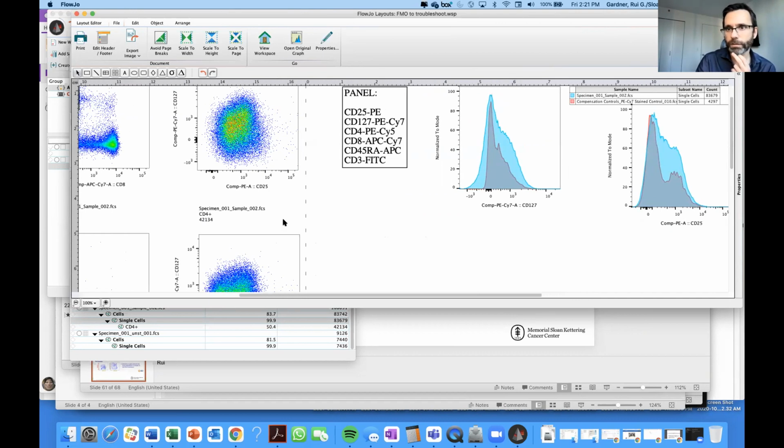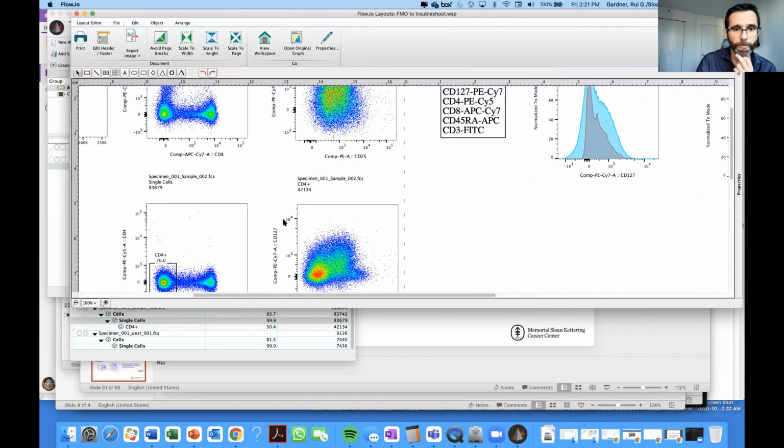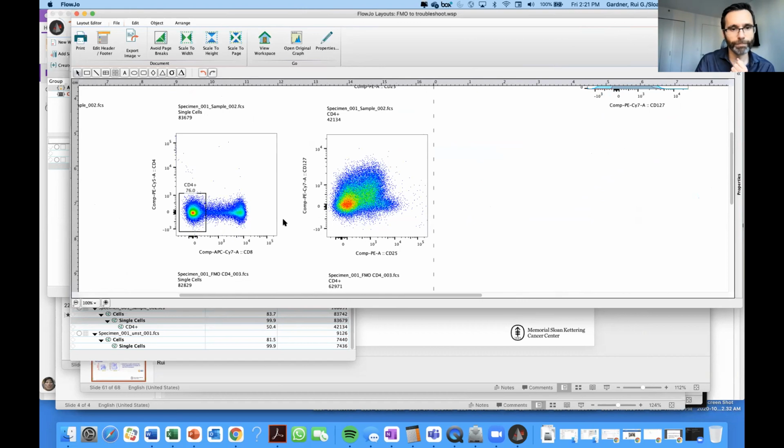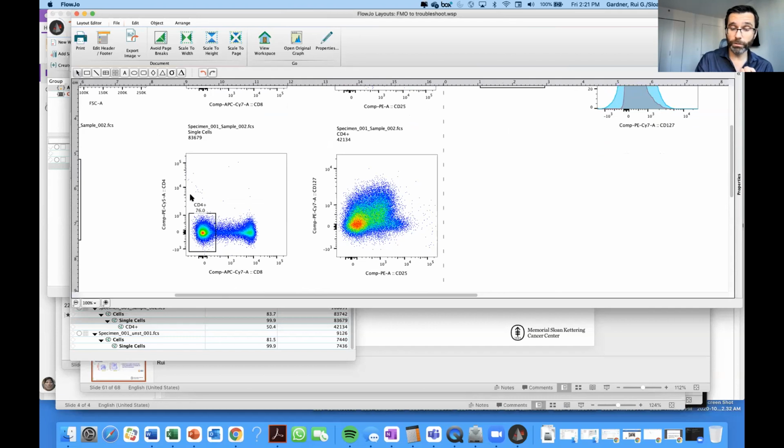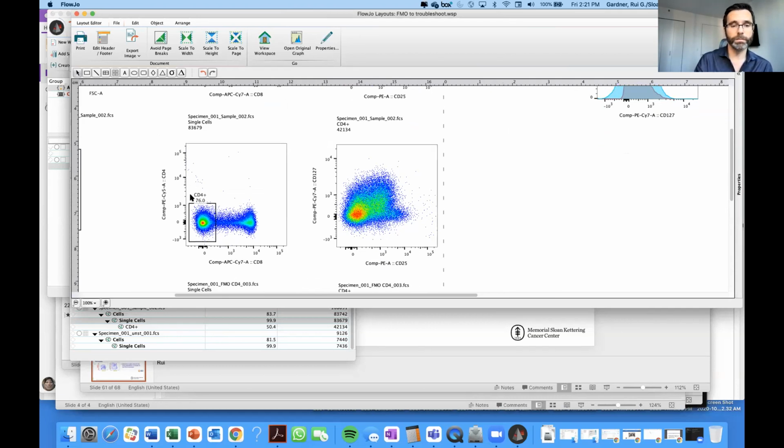And again, for the sake of time, because I'd like Derek to also talk a little bit about the OMIPs, we went ahead and ran an FMO for all of them, but I chose to show you the FMO for CD4.